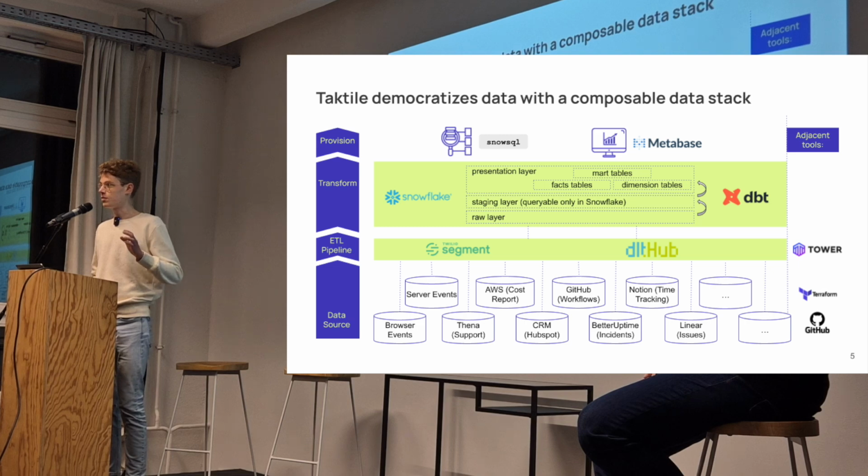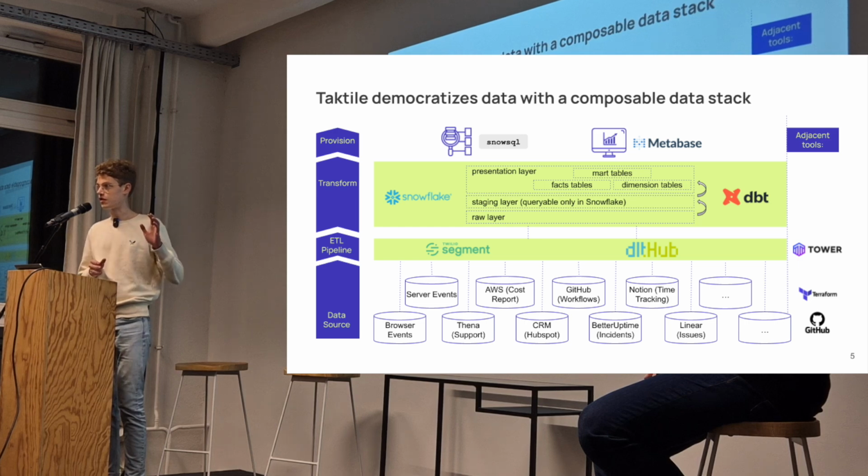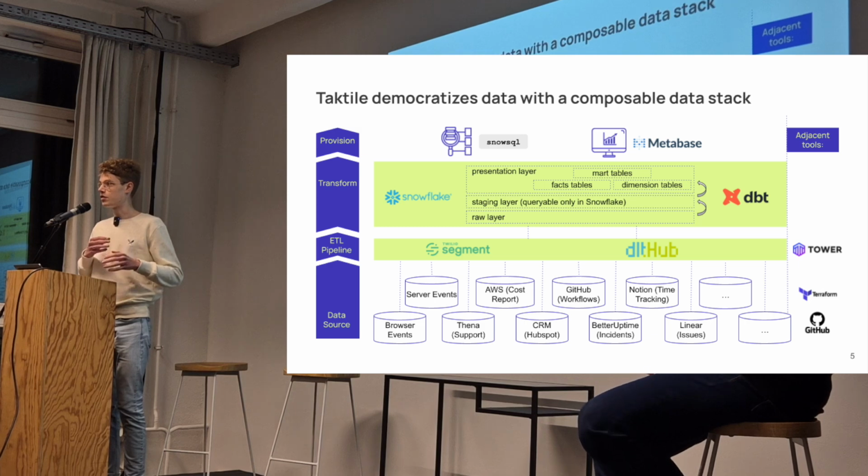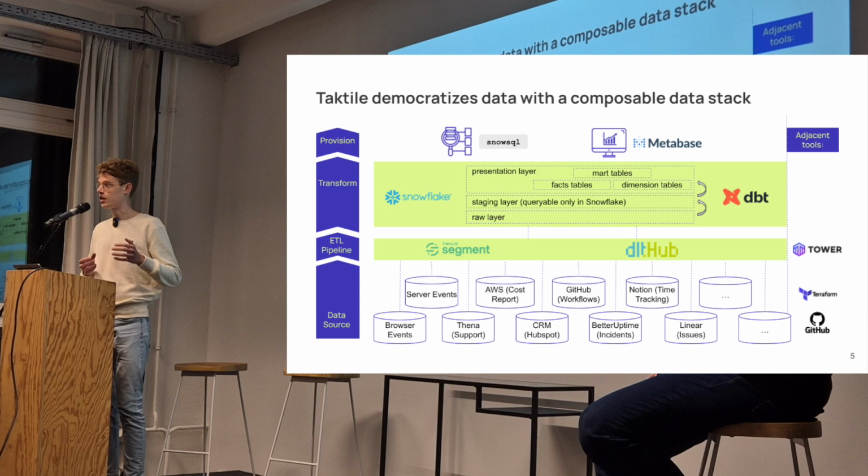But what really helped us achieve this was DLT, through all the nice abstractions that you get, and we've seen examples of this today, that you don't really need to know a lot of coding best practices by heart to write beautiful pipelines with DLT.